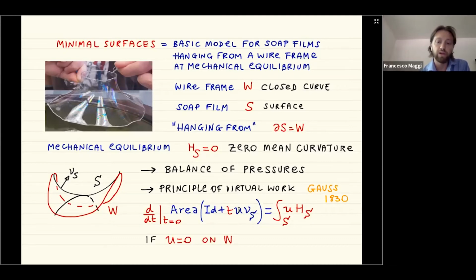So you do a small normal deformation that doesn't move the boundary of your surface, so u is equal to 0 on W, the boundary wire. If you do the computation for this area increment, the derivative at t equals 0, you have the integral of the mean curvature times the displacement u. So if the mean curvature is equal to 0, then no matter what the infinitesimal displacement is, the change of area at first order is 0. So you recover the condition that comes from the balance of pressures.